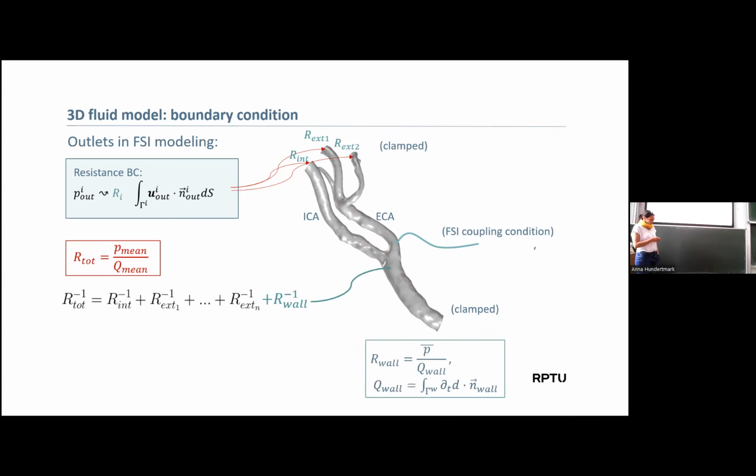The resistance is a mean pressure: the surface pressure, a mean over the surface, divided by the flow rate through the wall, which is the surface integral over gamma wall of the velocity. The velocity is the time derivative of the displacement times the normal vector, because it is a normal flow.